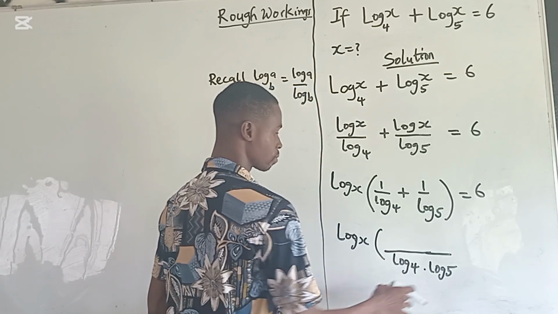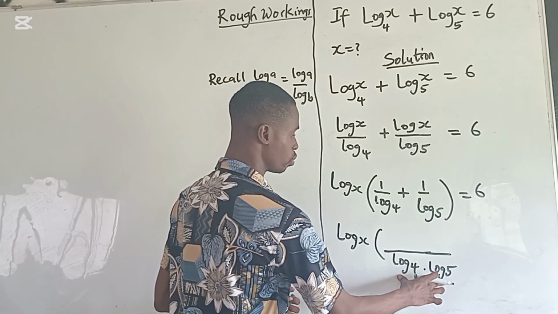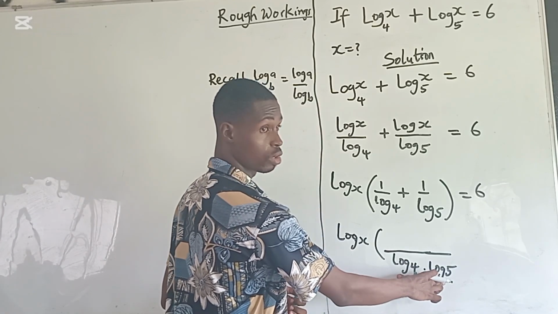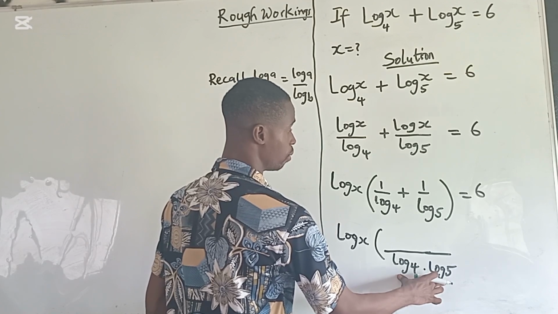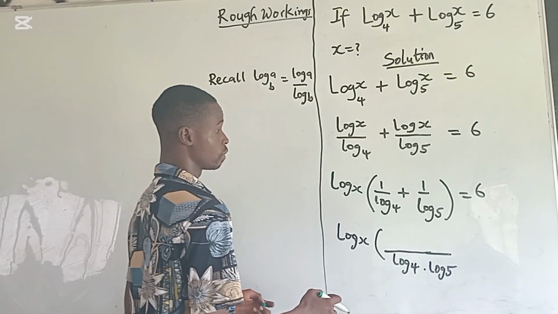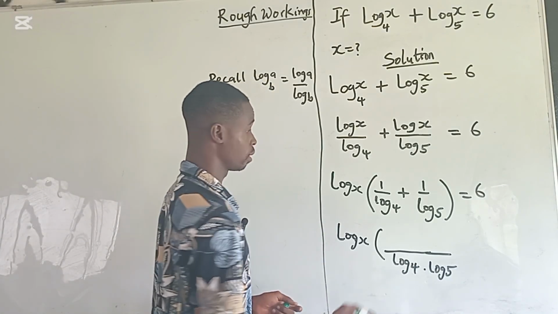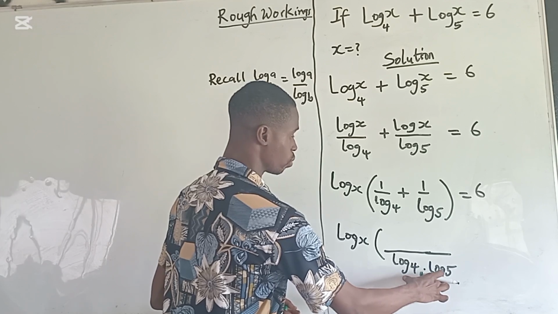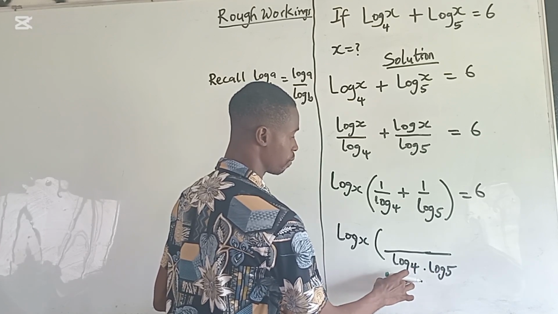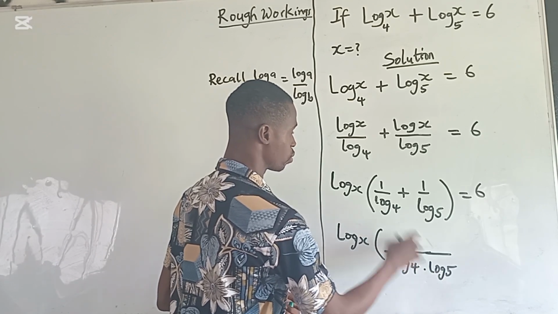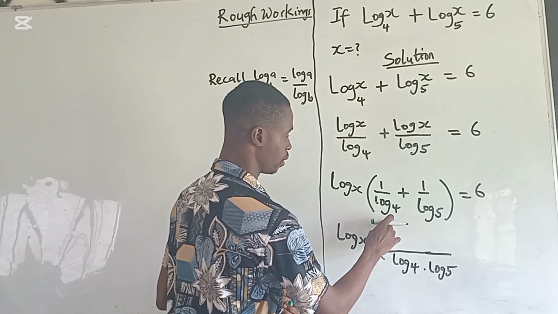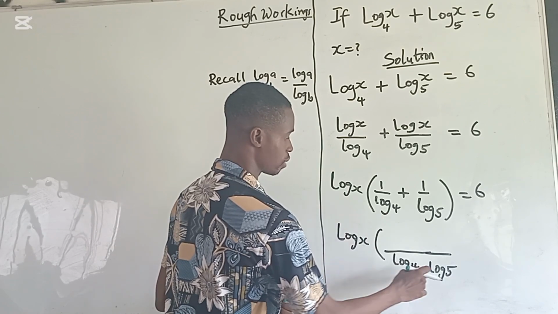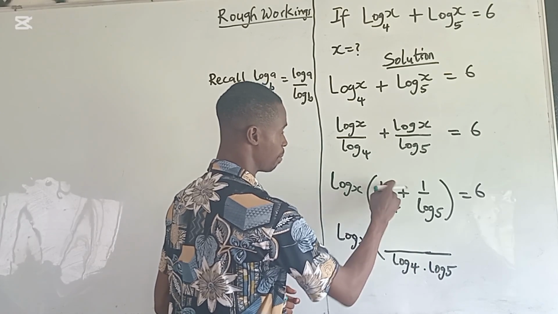So now, we are going to use this according to the principle of resolving a fraction. This log 4 dot log 5, we are going to use to divide this log 4. If you divide it with this log 4, we will get what? Log 5. Log 5 multiplied by 1, we have log 5.